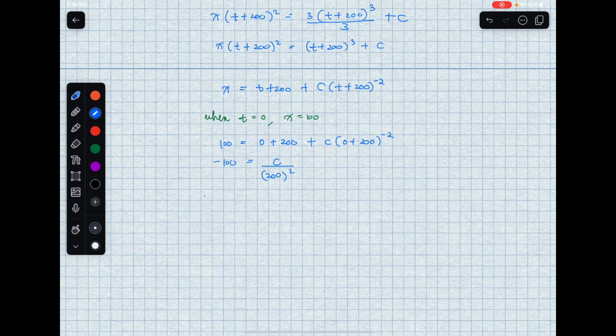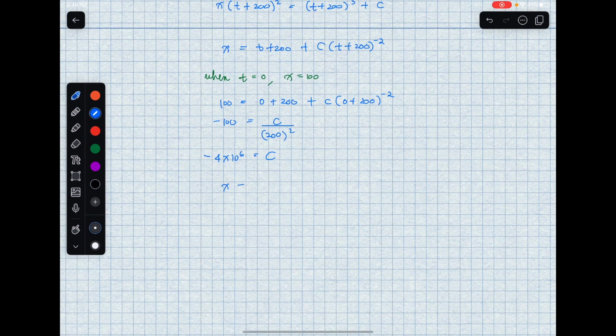So c is negative 4 times 10 raised to 6. So x then would be equivalent to t plus 200 minus 4 times 10 raised to 6 times t plus 200 raised to negative 2.